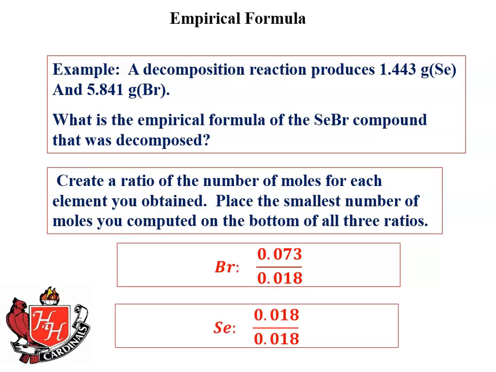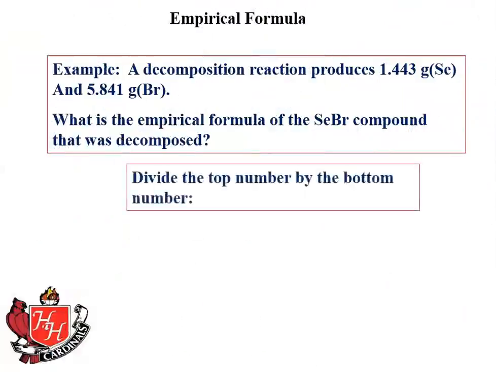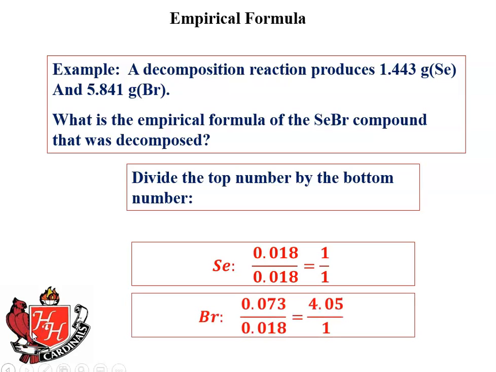And for selenium, it's 0.018 over 0.018. So when you do the math on that, just do simple division on your calculator. Divide the top number by the bottom number. For selenium, 0.018 over 0.018 would be 1. And for bromine, 0.073 over 0.018 would be 4.5 over 1.